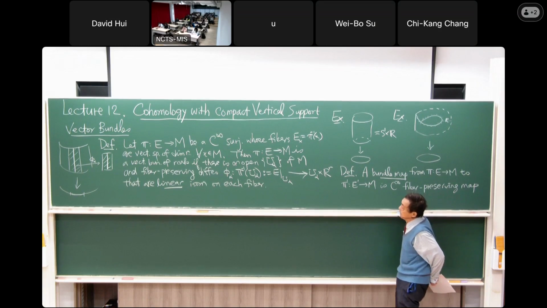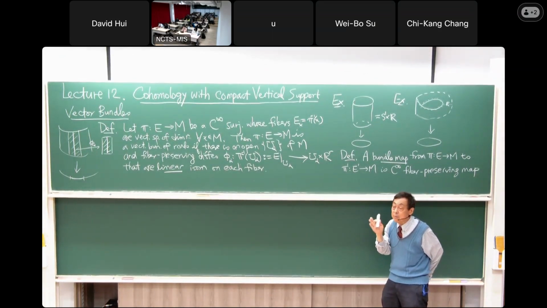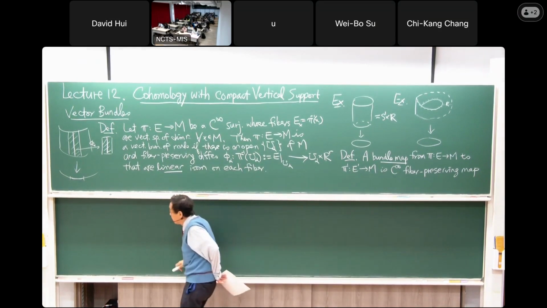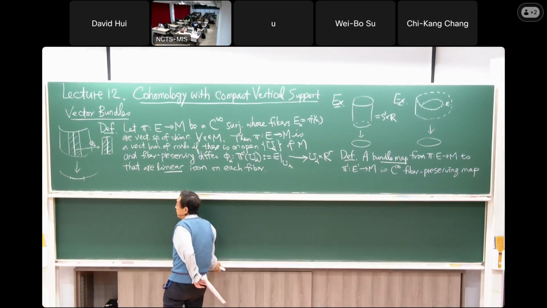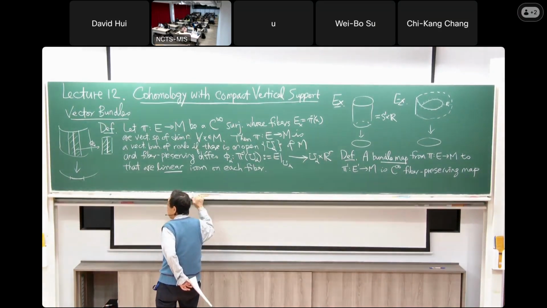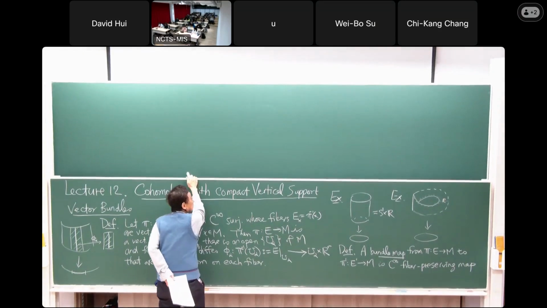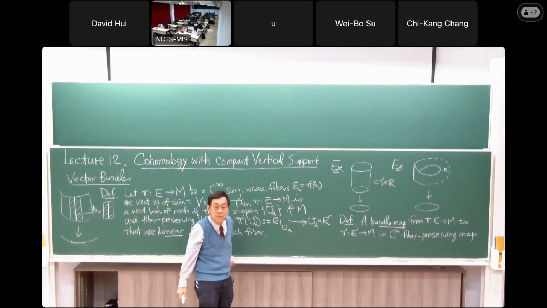In other words, it maps a fiber over x to another fiber over x. And what do you think another requirement is for a bundle map?